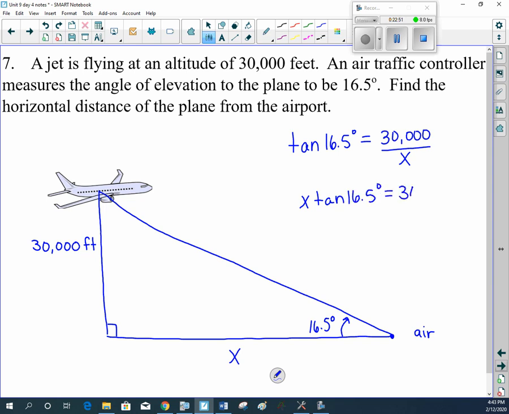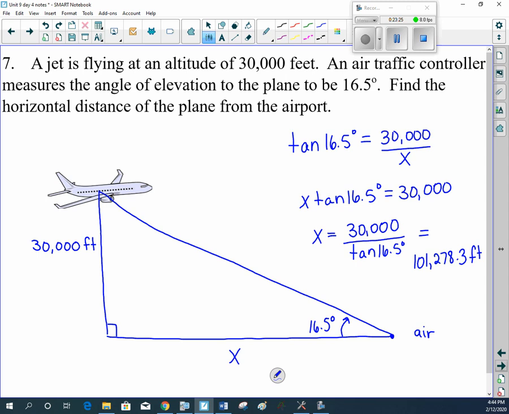And then I would divide by the tangent of 16.5. So x equals 30,000 feet divided by the tangent of 16.5 degrees. So that turns out to be 30,000 divided by the tangent of 16.5, and I end up with 101,278.3 feet.